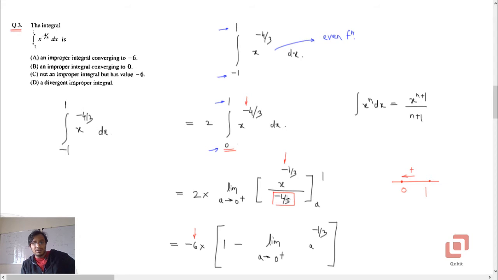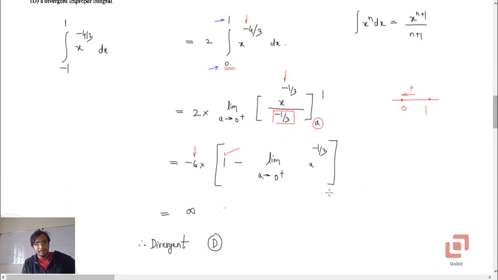Now if we substitute 1 here, there is no problem; 1 to the power -1/3 is fine. But if we substitute 0, we can't do it, so we assume some other variable a as the lower limit, which tends to 0 from the right. So the limit as a tends to 0 plus of a to the power -1/3 is clearly infinity.